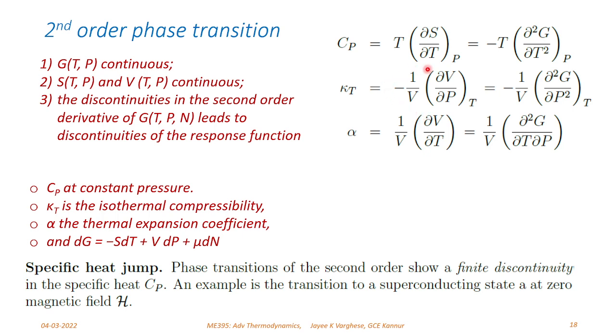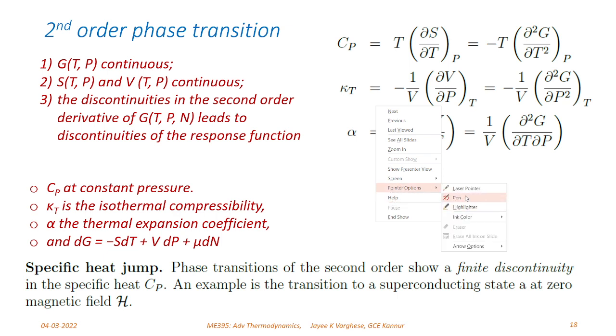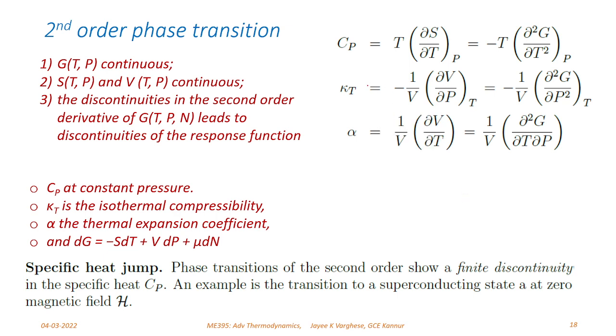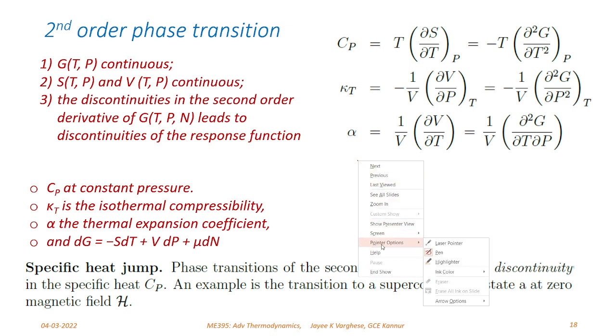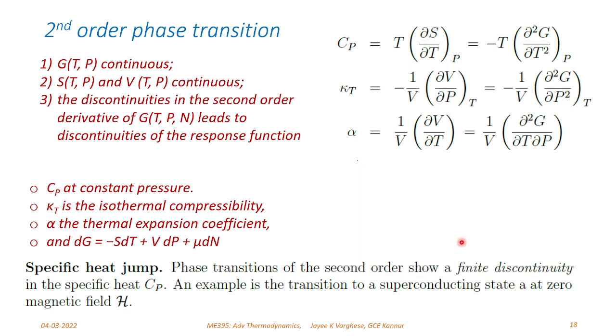And the isothermal compressibility Kt, or kappa T, is equal to minus 1 by V into dou V by dou P at constant temperature.